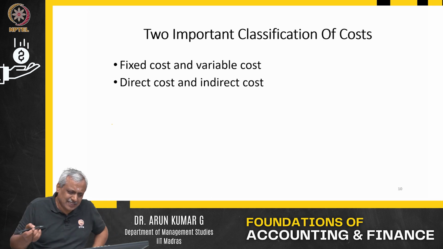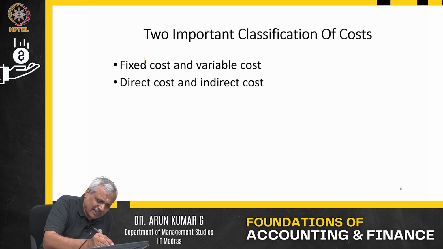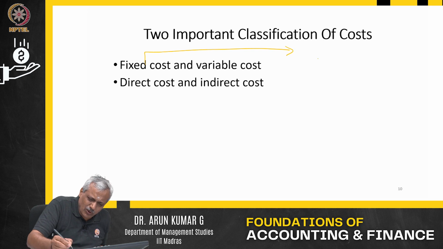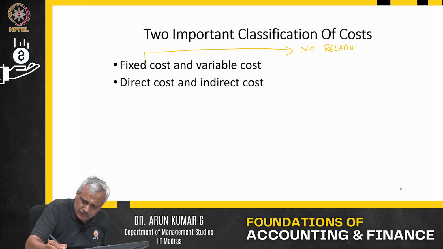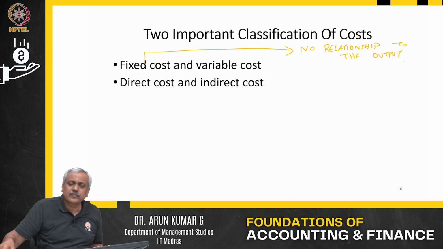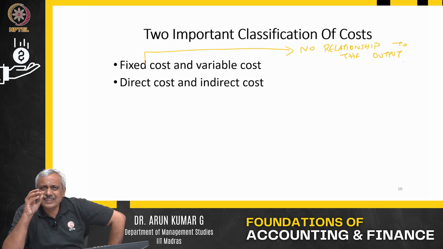Fixed cost is such cost which has no relationship to the output. It is a cost you will incur irrespective of whether you manufacture or not. Simple example, imagine I pay rent for a place.